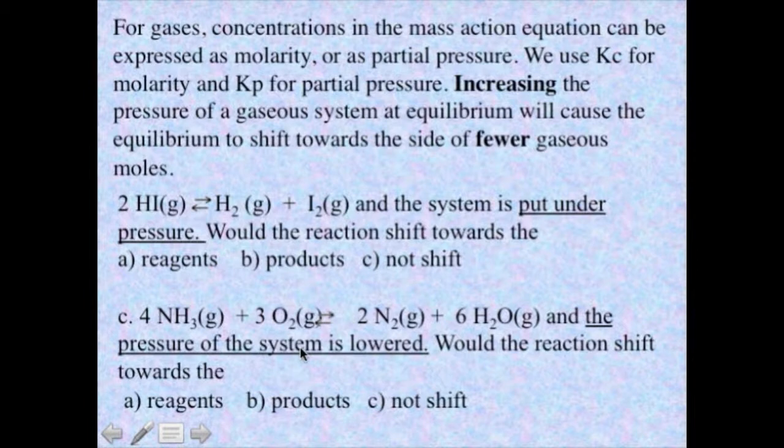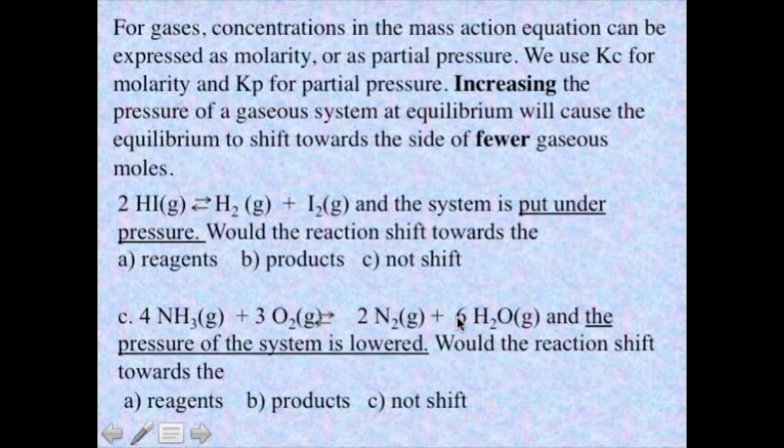Okay, let's try this one and pretend the double arrow is a little bit more centered. And let's say that the pressure of the system is lowered. Would the reaction shift to the reagents, products, or not shift? Okay, so you have a total of 7 gaseous moles, 3 and 4, on the reagent side, and 2 and 6, or 8 gaseous moles on the product side.